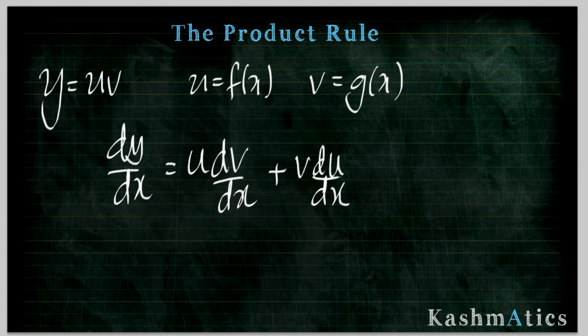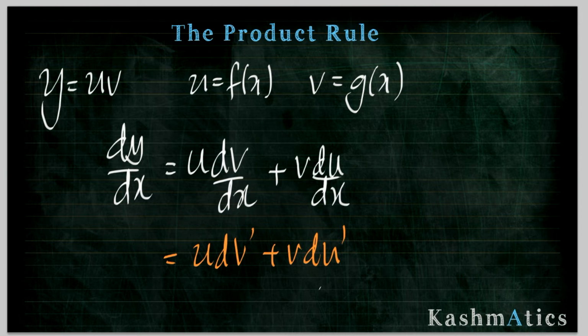And sometimes you might see it written slightly differently. You might see it written like this: u dv plus v du, and it's got some kind of symmetry to it, and a bit of poetry, but it is quite easy to remember. I'm not sure if this one's going to be given to you in your particular formula book, depending on which exam board you're with.